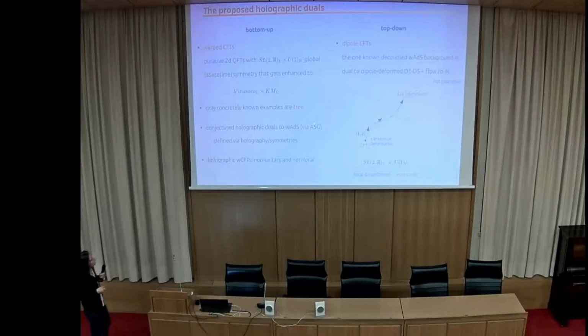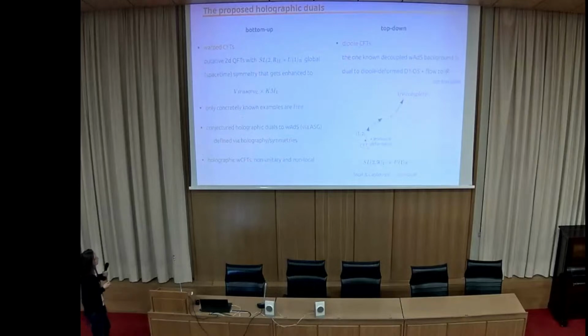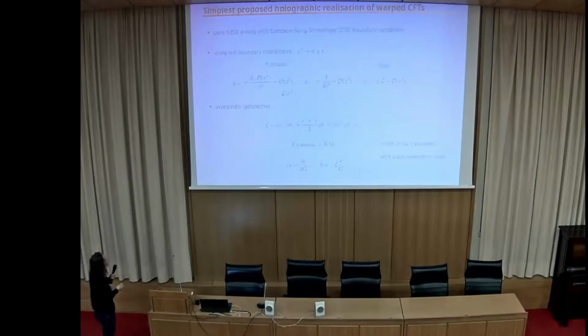This basically follows from staring at the asymptotic symmetry. It depends on the boundary conditions. And in these holographic setups, you tend to get negative level. As you see here, even in string theory, you get negative level. So non-unitary and non-local.